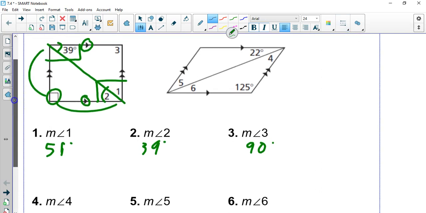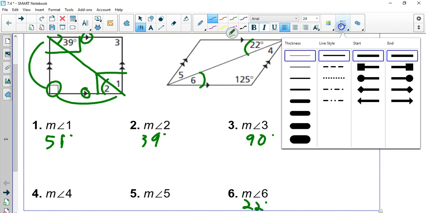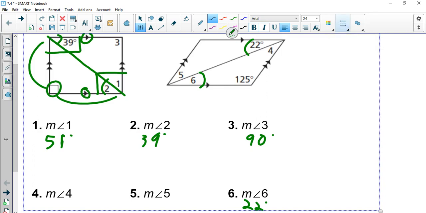Okay, for the next one, again, we have parallel lines with transversal, so we have alternate interior angles here. So number 6 is 22 degrees. Okay. Now, remember, since these two are supplementary, 180 minus 125 means this angle here is 55 degrees total.